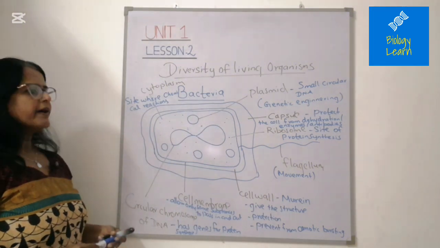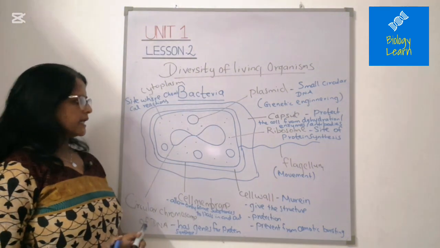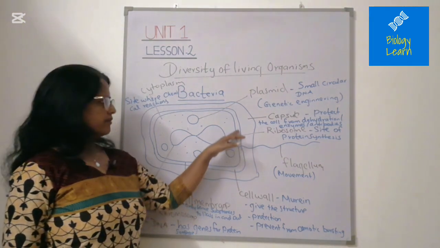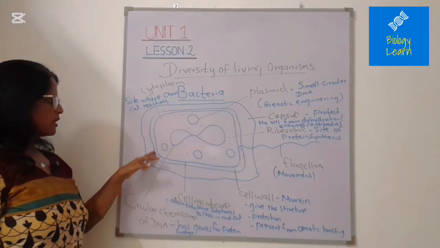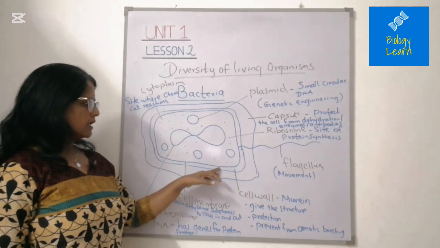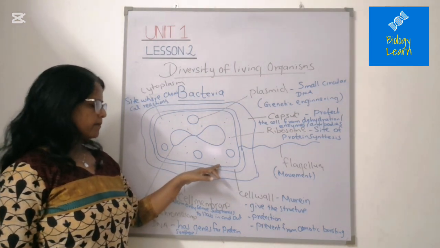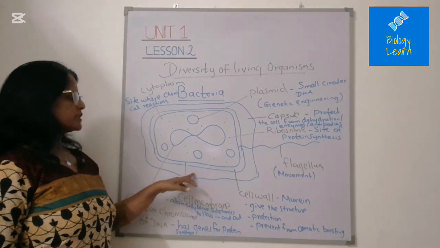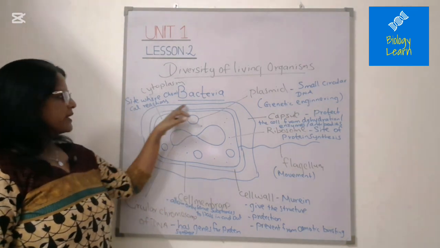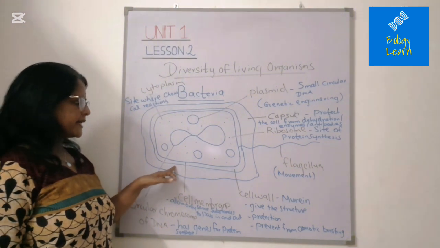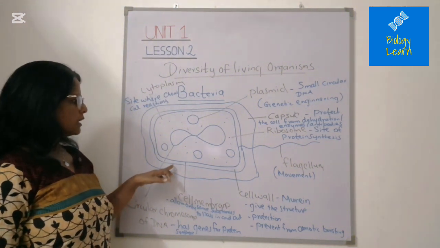So the main parts of the bacterial cell are the cell wall, which is the outermost layer of the cell, and inside the cell wall there is a cell membrane. Sometimes outside the cell wall there is a capsule. Not all bacteria have a capsule.